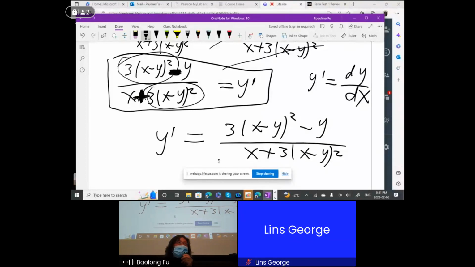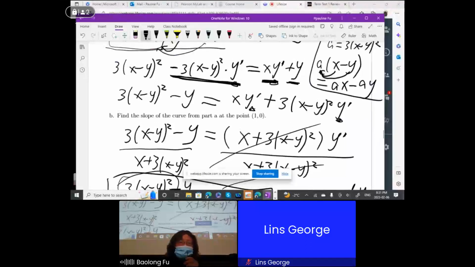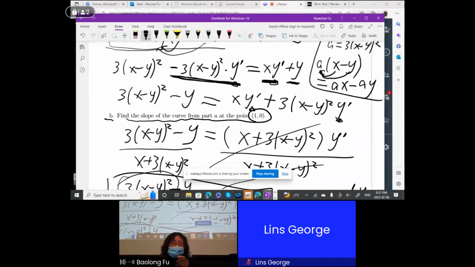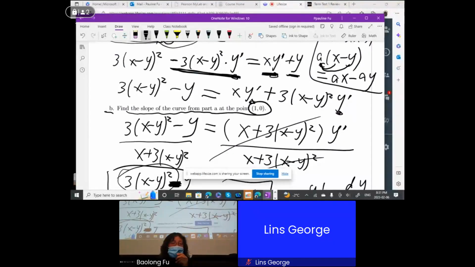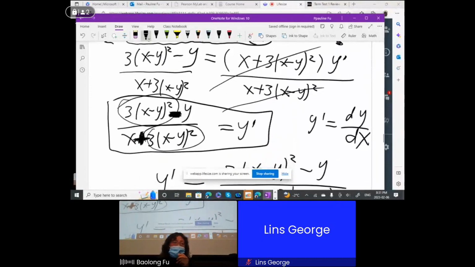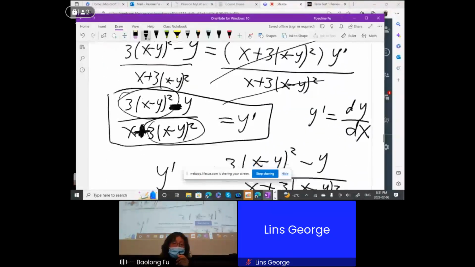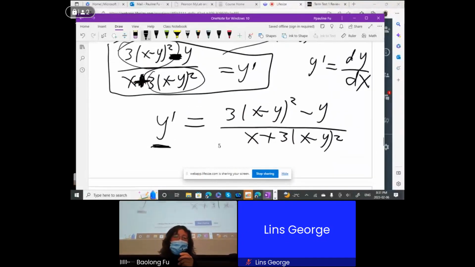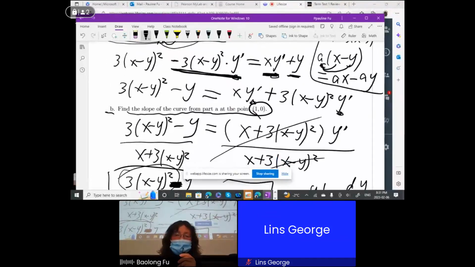Other questions? So this is just part A. Part B, find the slope of the curve from part A at point (1, 0). Find the slope. Remember, the slope is the derivative, okay? And I already found the derivative. So just plug in x equals 1, y equals 0.